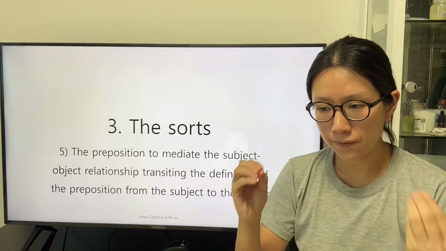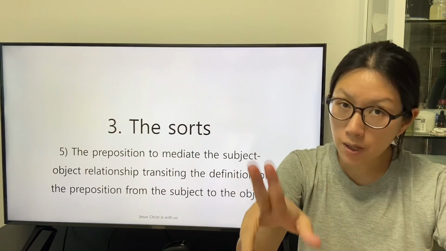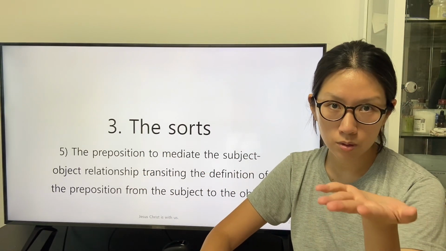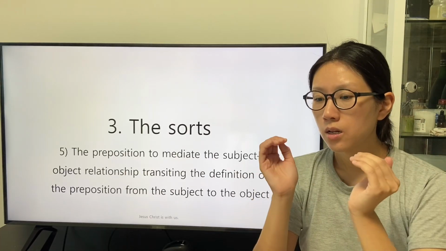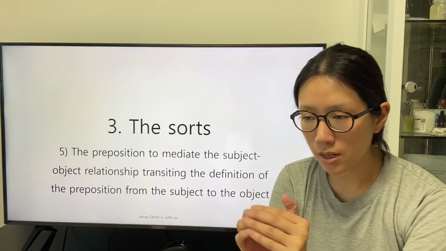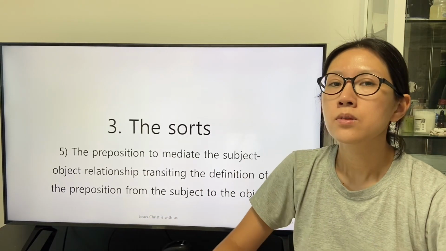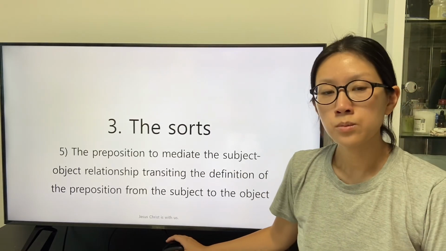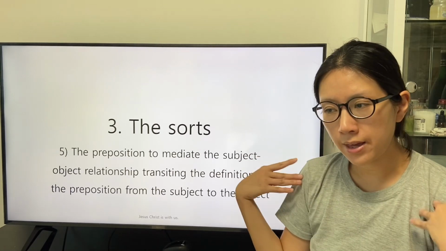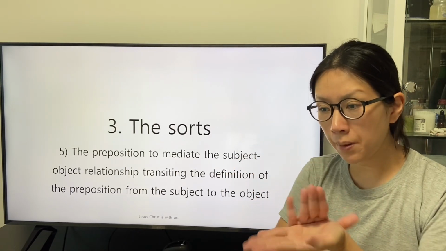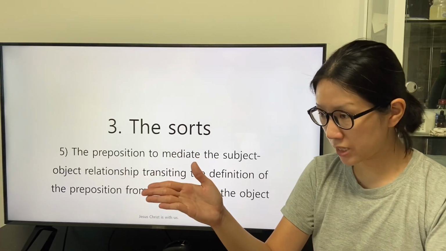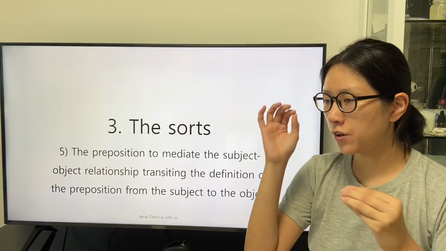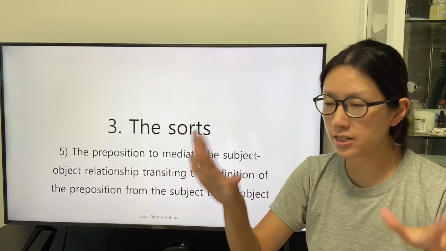The definition of the preposition to mediate the subject and the object is concurrent, as the definition of the verb is actualized. So we can understand that the mediation by the preposition for the subject and the object is reliant on the actualization of the definition of the verb applied in the clause.